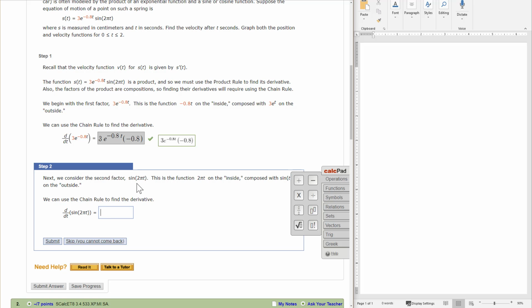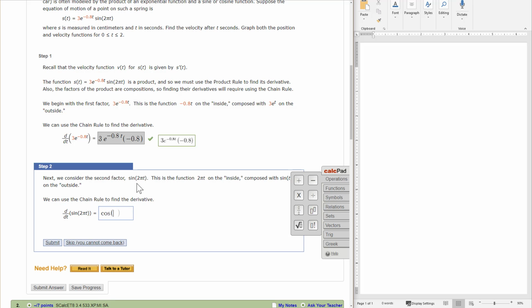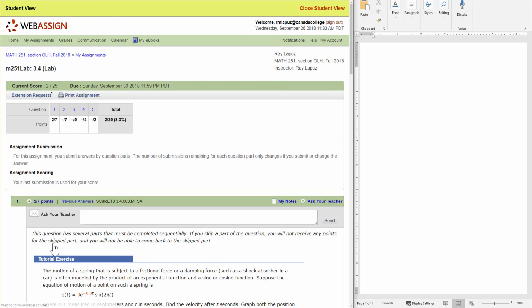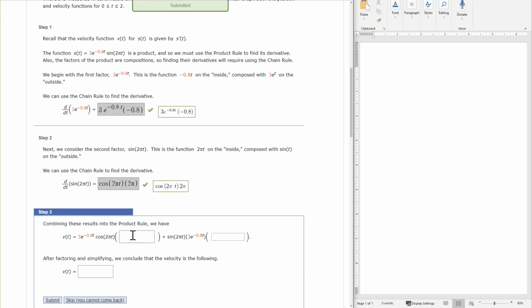The derivative of sine of something is cosine of something, and then we multiply by the derivative of the inside function. The inside is 2 pi times t, so the derivative of that is just 2 pi. Now that we have that, we can use the product rule.